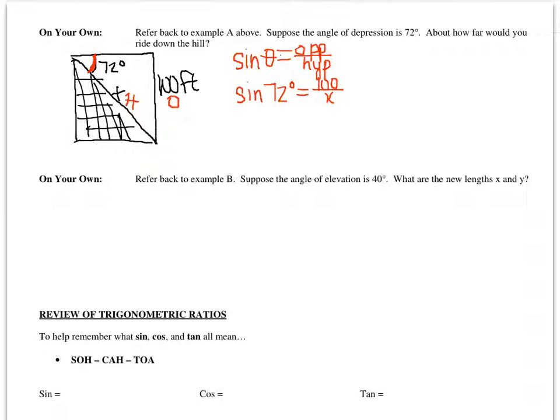We need to change it into a proportion. Cross multiply, so I'll put that over 1. 1 times 100 is 100, equals x times the sine of 72 degrees. And if I want my x all alone, I'm going to have to divide by the sine of 72 degrees on both sides.